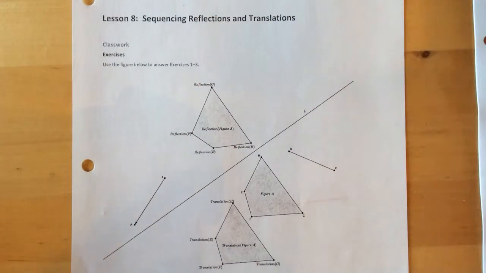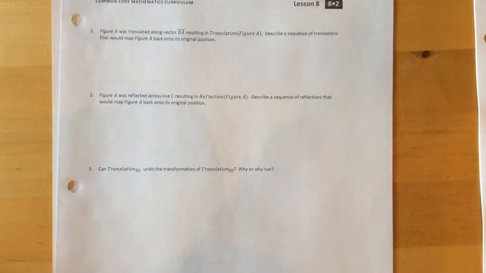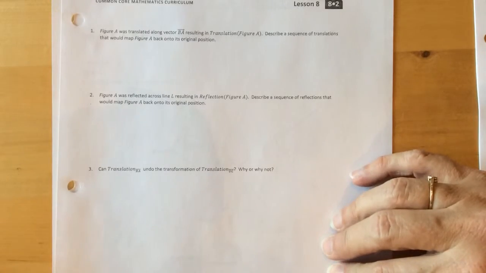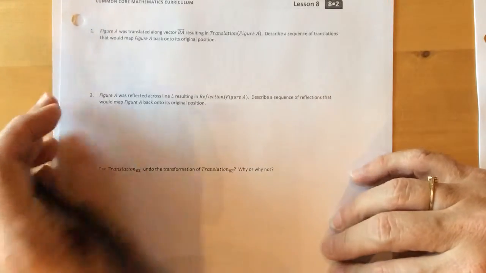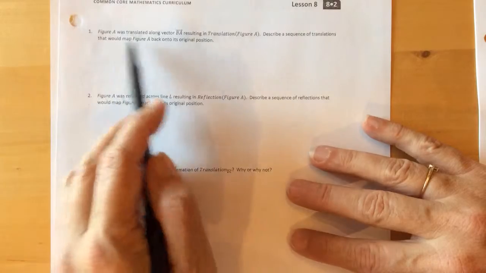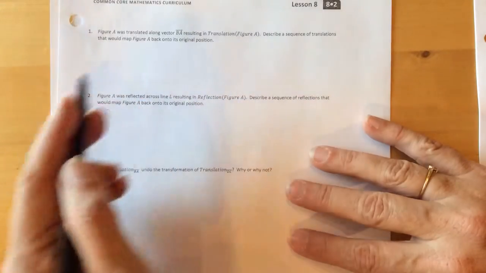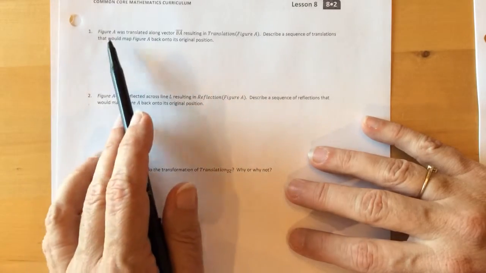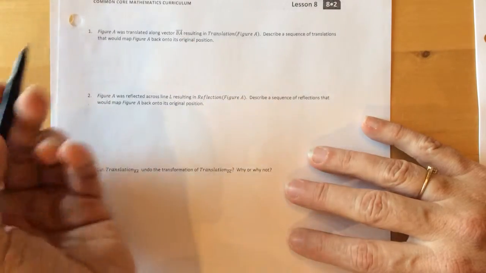So let's see how we would write that. You should have something. So we translated figure A along vector BA. So to get it back to its original position, the next thing in the sequence, so let's write the whole thing.